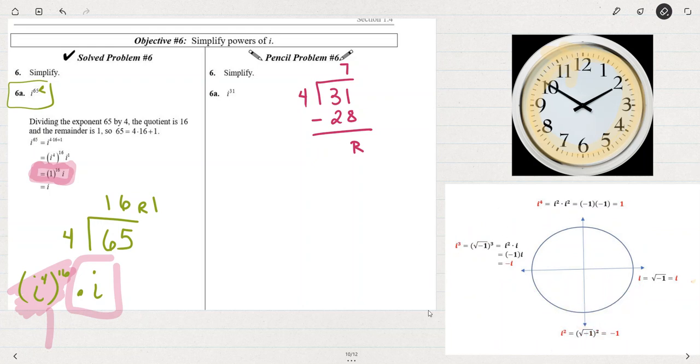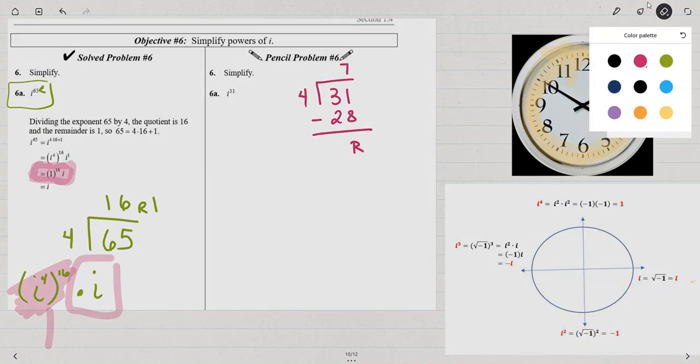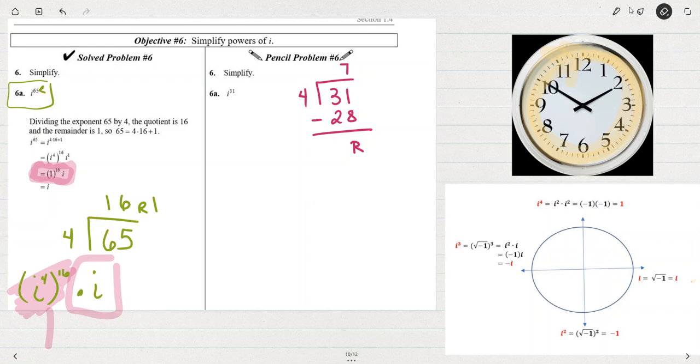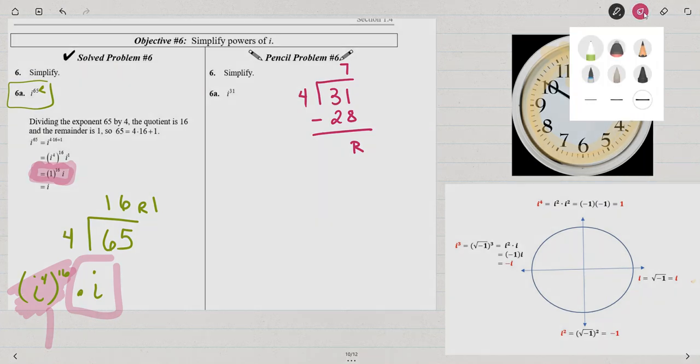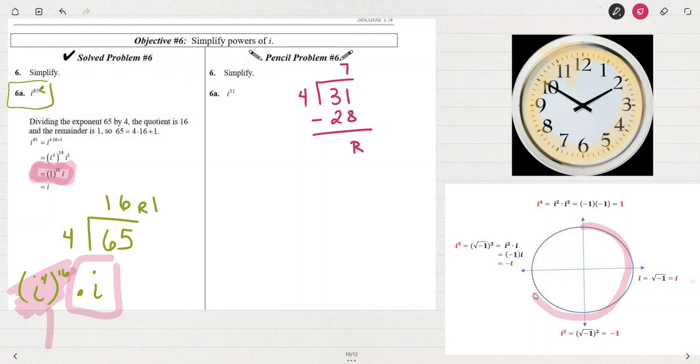That when I go all the way around, I'm going to get to that i to the 4 seven times. But then I've got 3 more to go.